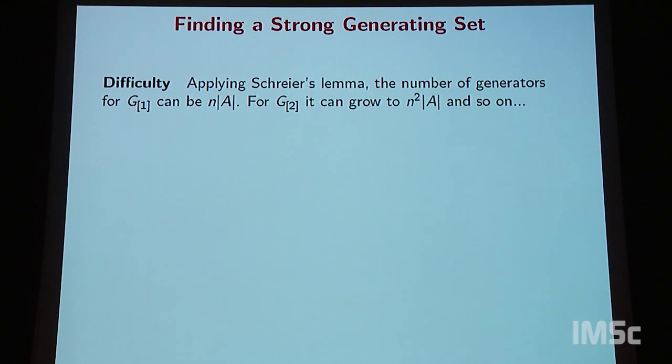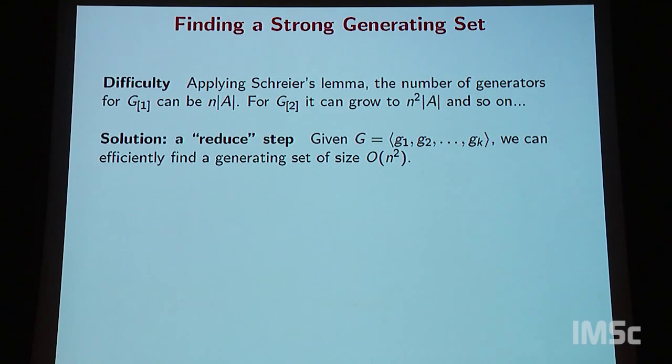That's not acceptable. What do I do? There's a nice reduced step that we can do. It's a nice little algorithmic step. Given an arbitrary generator set for G, I can efficiently find a generator set of size simply n square from it. And the proof is very easy.